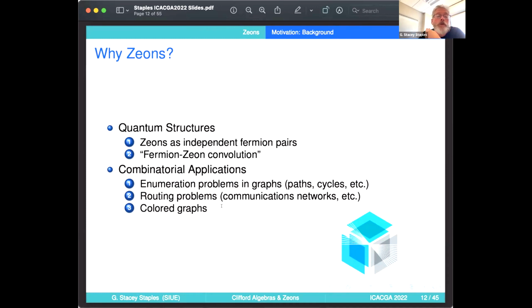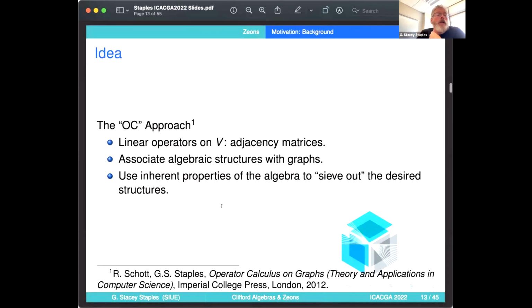You can color the vertices or you can color the edges. So the idea is to consider adjacency matrices of graphs, but build adjacency matrices whose entries are actually elements or generators of one of these algebras. And by doing that, you associate algebraic structures with graphs and then just use the algebra itself to sieve out the desired structures.